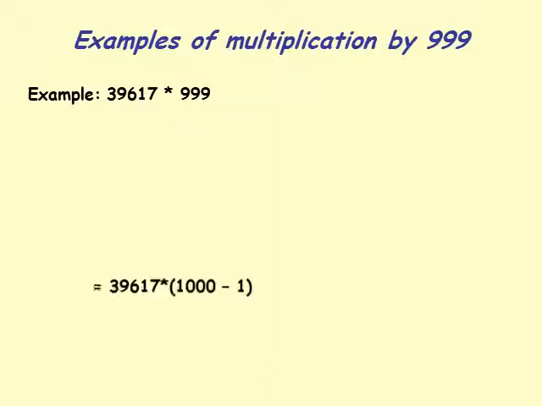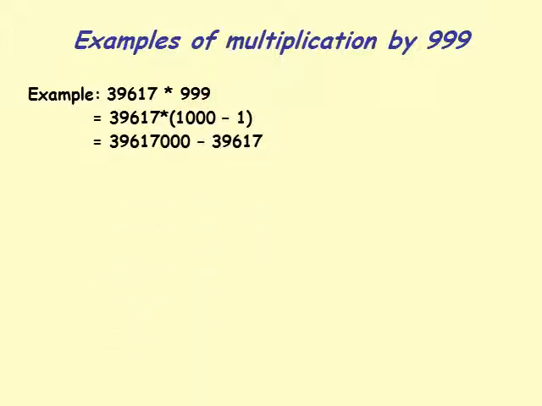So that's equal to 39617 times 999, replaced by 1000 minus 1. Let's multiply that out: 39617 times 1000 is 39617 and 3 zeros, and 39617 times minus 1 is minus 39617. Now let's subtract it out, and there comes 39577383. Need any time to subtract it out?